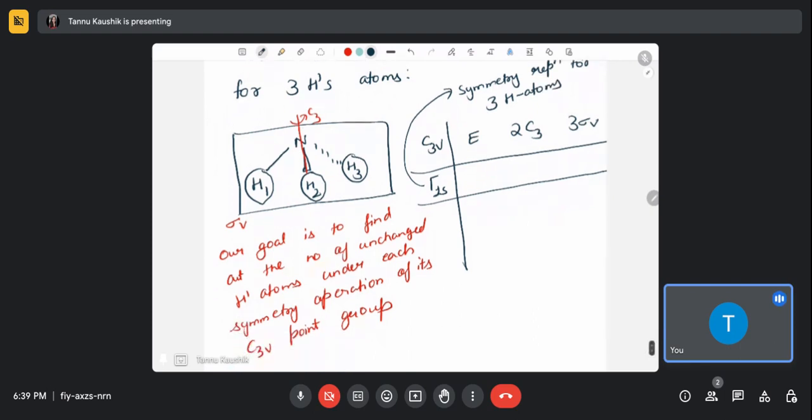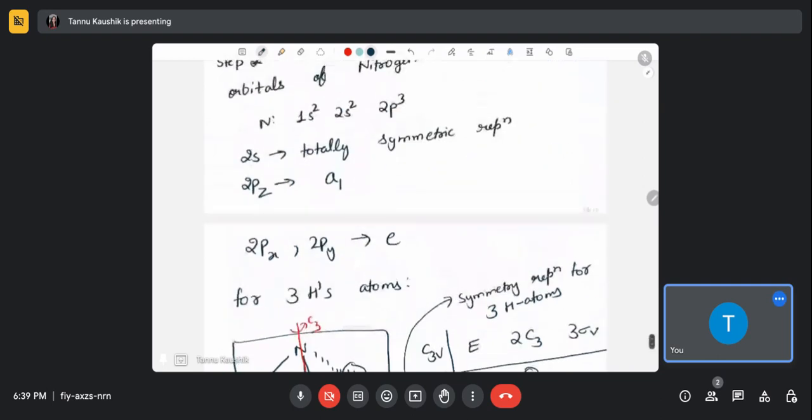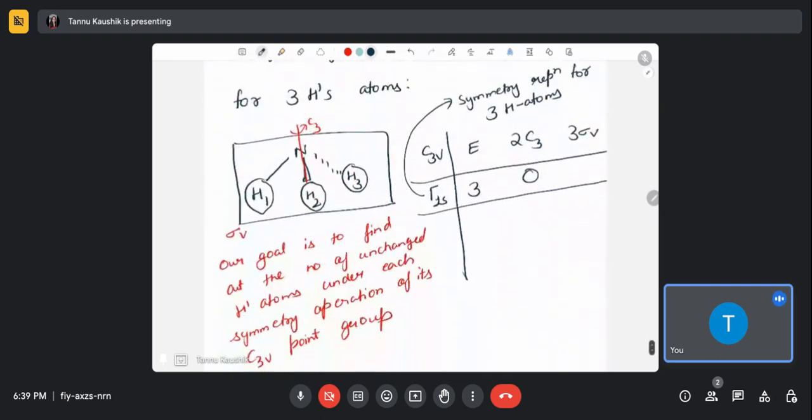So under the identity operation, these three atoms will not change their position, so it will be 3. Under the C3 operation, each of them will change their position, so it will be 0. Now under the sigma v operation, at least one hydrogen will remain at its position, through which the sigma v plane is passing.